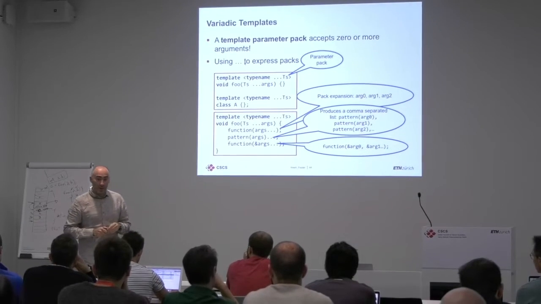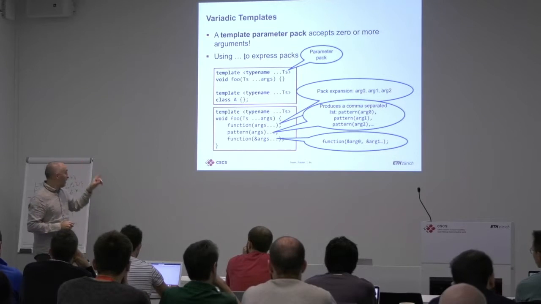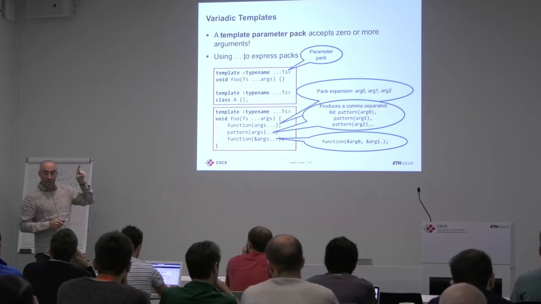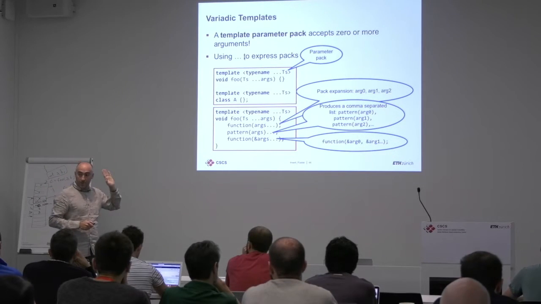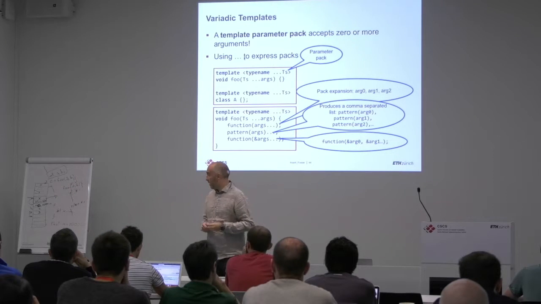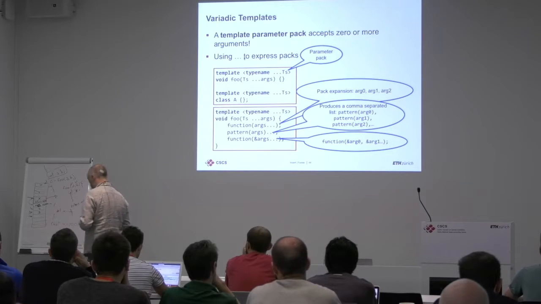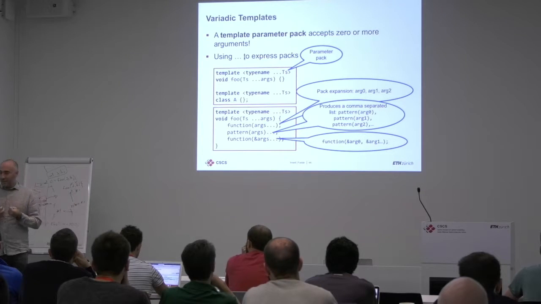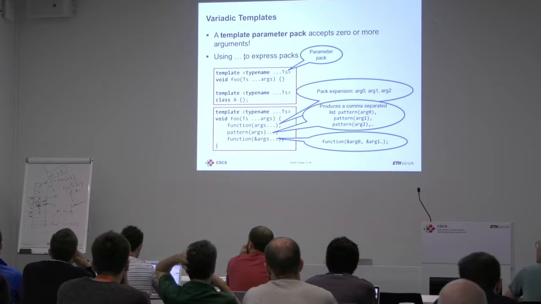And curly braces also guarantee that these functions will be executed from left to right, so the first, the second, and the third, which is a nice feature. But yeah, there's not an official way of doing it, right? There are ways of doing it.